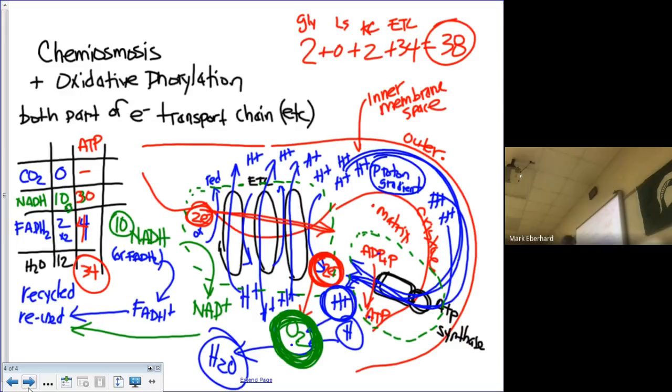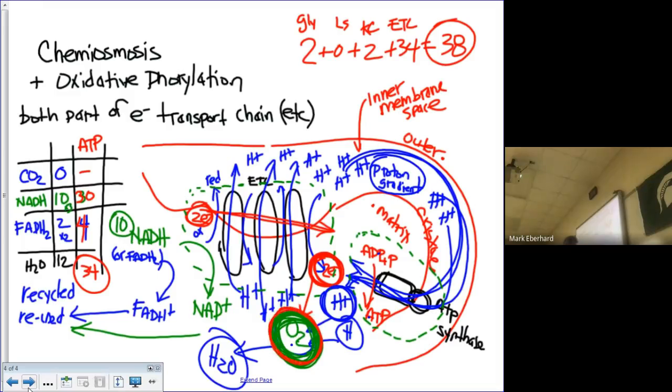If you don't have this oxygen, if you don't have this guy right here, you do not go past glycolysis. You cannot go past glycolysis if the oxygen is not present and ready to be the final electron acceptor.